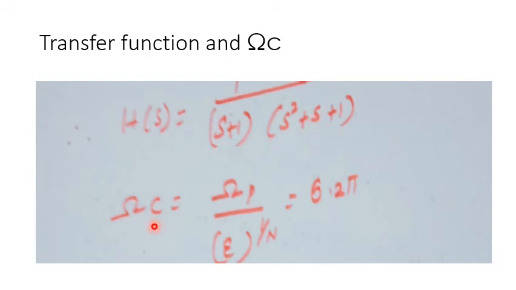And you find omega c. Your analog cutoff frequency is the pass band analog frequency over the approximated value to the power of 1 over N, which I get as 0.2 pi. Students, it is 0.2 pi, right?